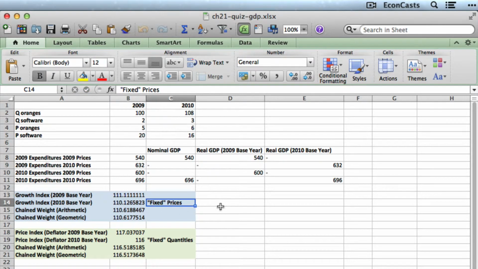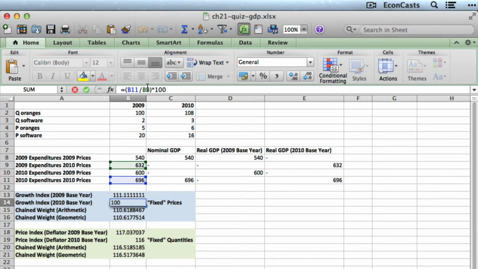So remember, we're really looking at fixed prices. We're picking one year to use our prices from, and then we're using the quantities from two different years to calculate our real GDP. If instead of using 2009 as our base year, we had used 2010 as our base year, see we have 2010 prices here and here, then we would be dividing 696 divided by 632, which is our real GDP from both of those.